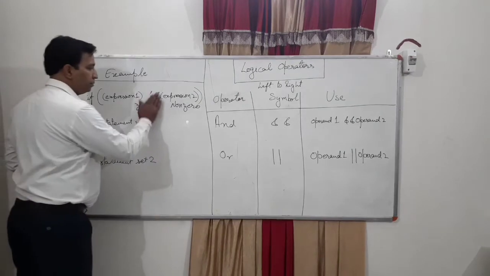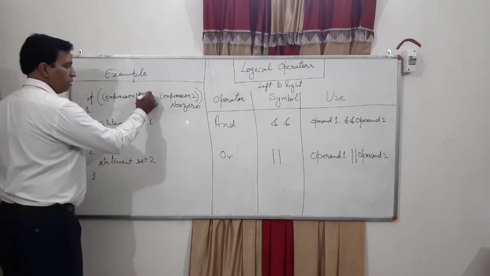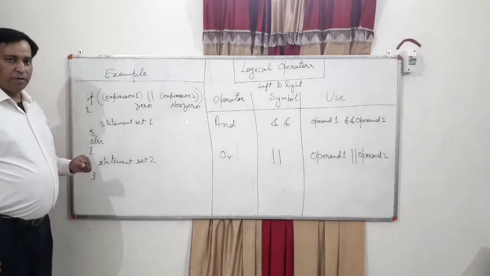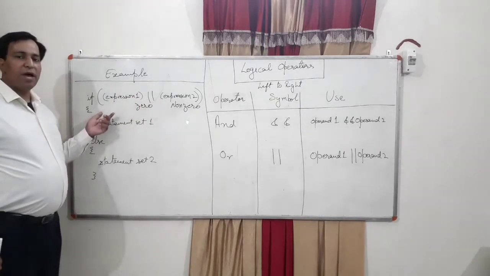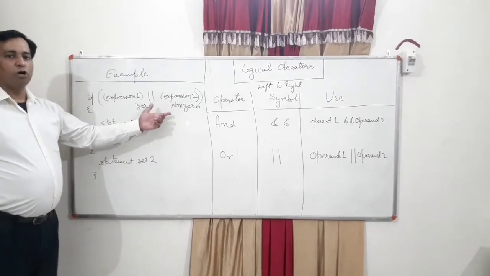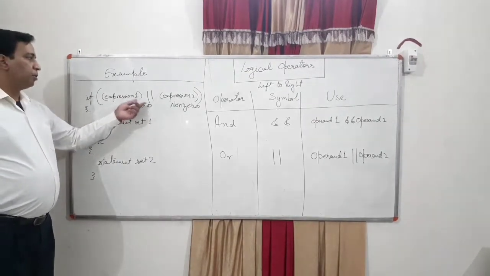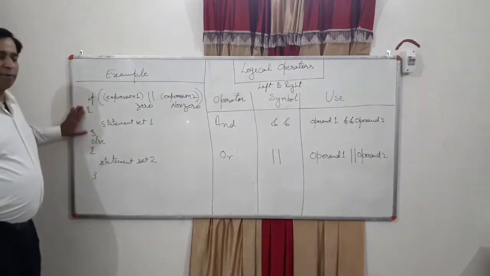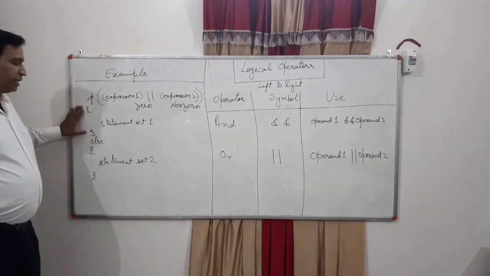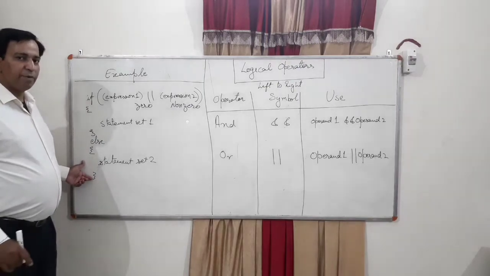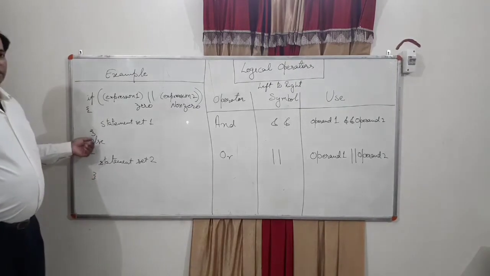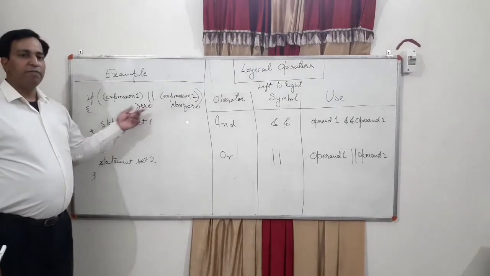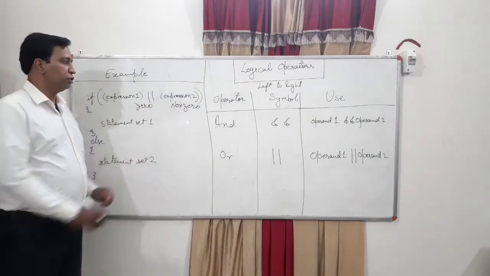Now suppose we put the OR operator in between. In this case, if you have even one expression as non-zero, then the OR operator will return you a non-zero value and the if segment will be executed. Otherwise, the else segment will be executed. In other words, the else segment will only execute in this case if both the expressions are zero.